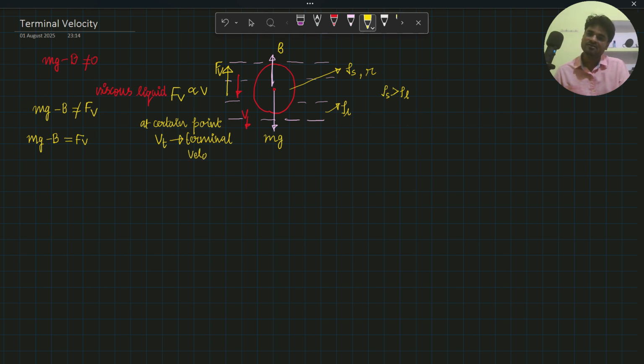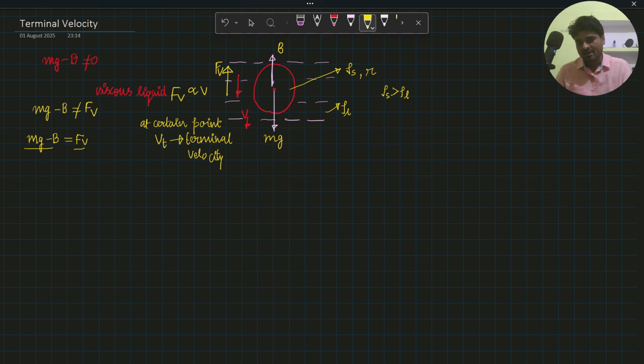So whenever a solid ball is allowed to fall in a liquid, its velocity cannot keep on increasing indefinitely. After a certain time, the mg minus b force gets balanced by the viscous force, and at that point there will be no further increase in the velocity, and with this velocity the ball can travel further in this liquid, because mg minus b is constant, and the viscous force will also not be changing.